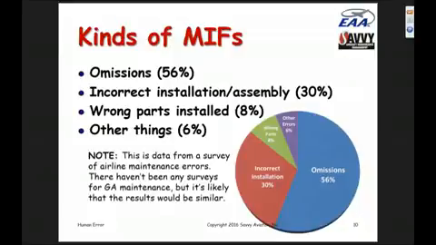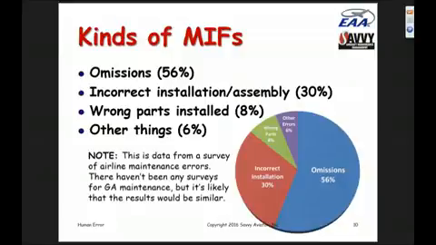And we really don't have any surveys that have been done in GA, but I would expect that in general, the distribution of errors that we see in general aviation maintenance is probably not terribly different than what we see in airline maintenance. And what we see is that the preeminent cause of maintenance-induced failures are omissions, where a mechanic failed to do something that he should have done.